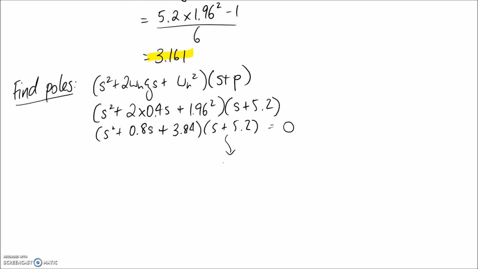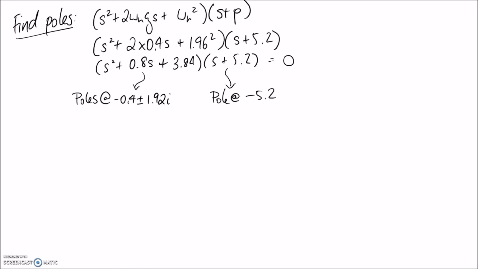So that's going to come out of here. Okay, from this one here, if you apply the quadratic equation, or you put it in a calculator or even MATLAB, you can figure it out. And we get two poles coming out of this. They're complex conjugates. So negative 0.4 plus or minus 1.92i.